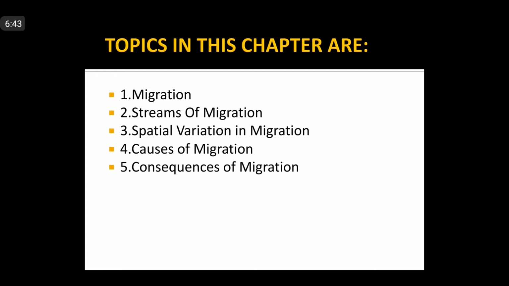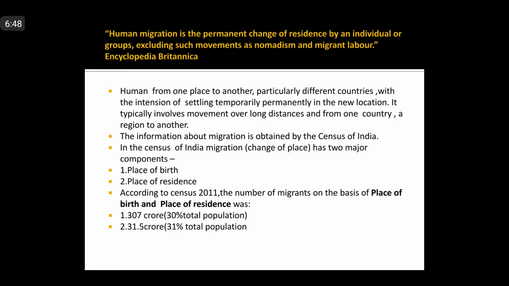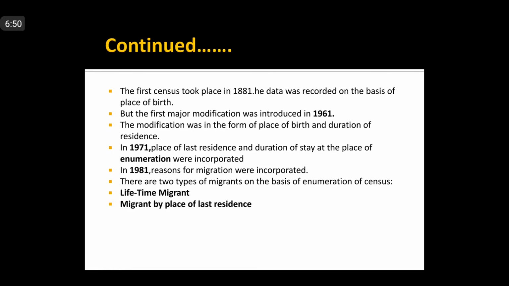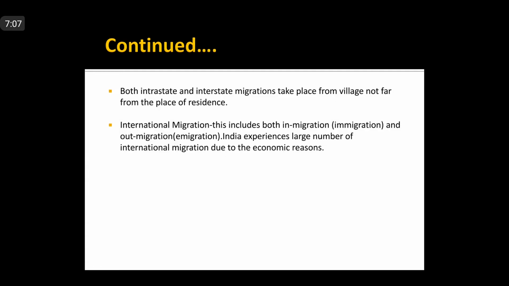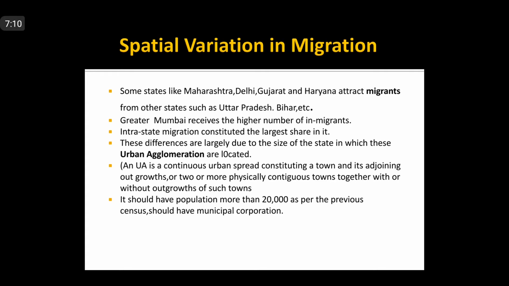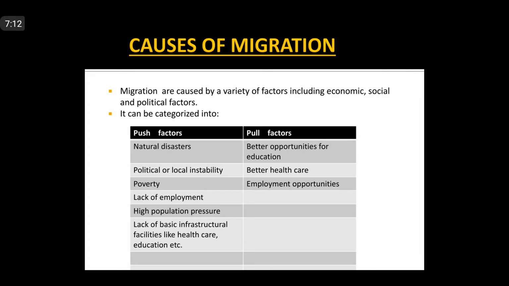Okay, and another one is the pull factors. What about the pull factors? The pull factors refer to the factors which attract people from different places. Some of them are better opportunities for education, better health facilities, and then sources of entertainment, and there are certain other factors which attract people, like employment.